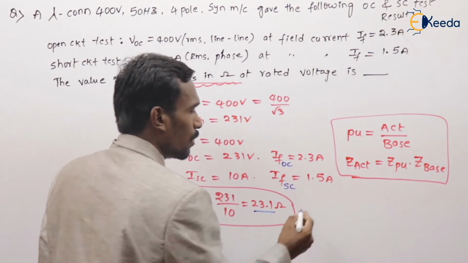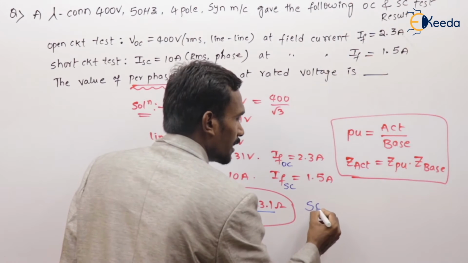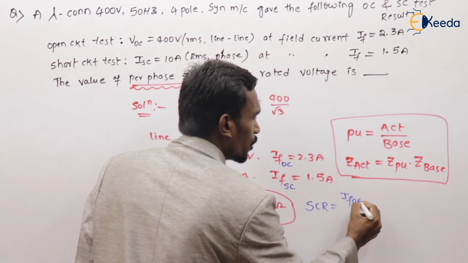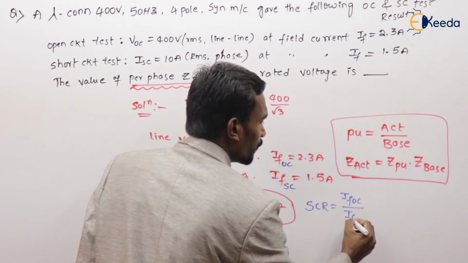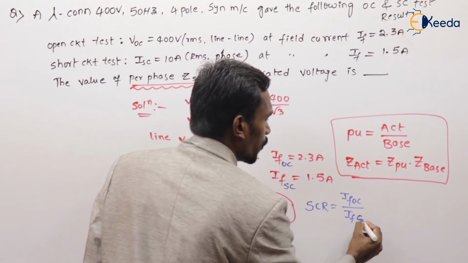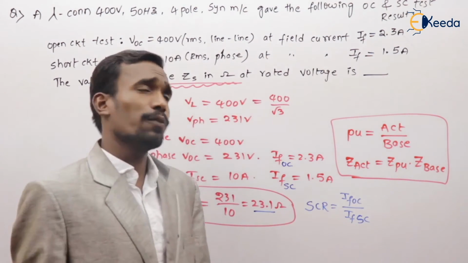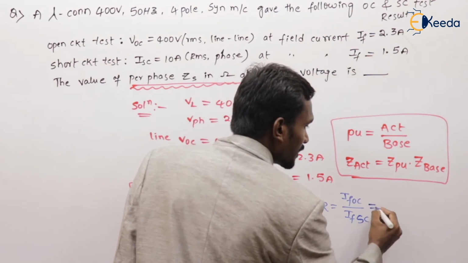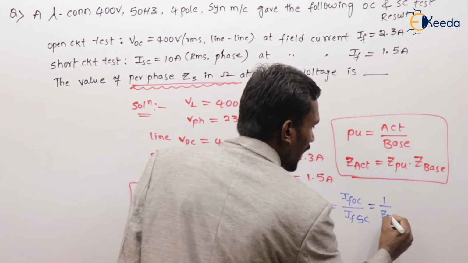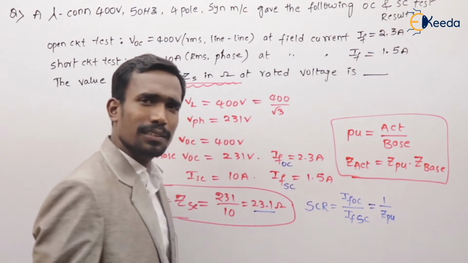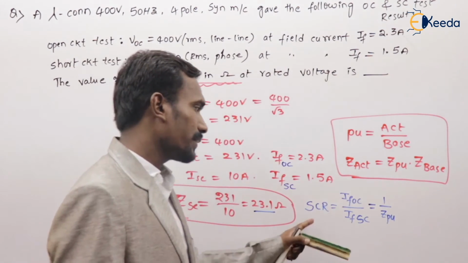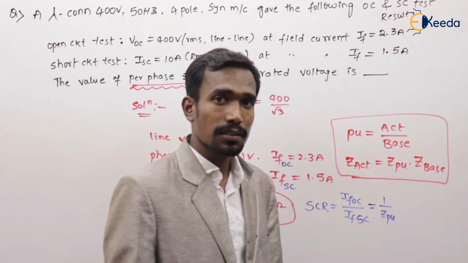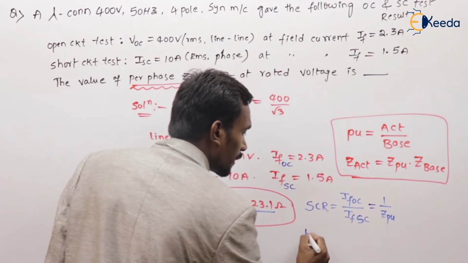Generally we know SCR, the short circuit ratio, is equal to IFOC by IFSC. IFOC divided by IFSC is SCR, but this SCR is equal to 1 by per unit impedance. Now tell me, what is per unit impedance?